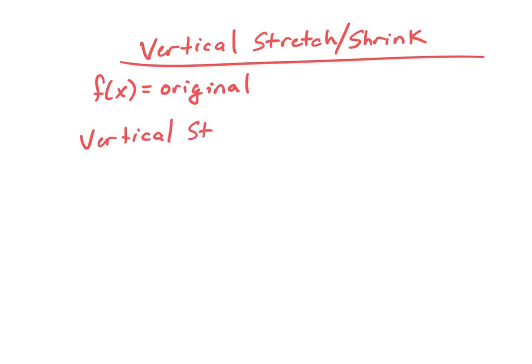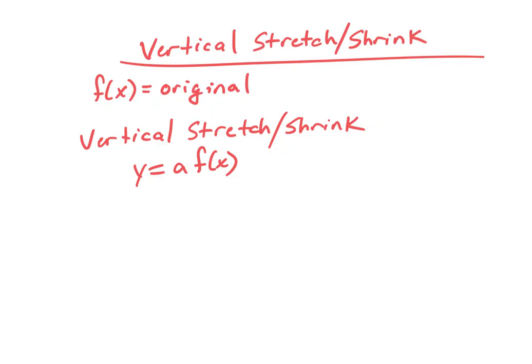If it's a vertical stretch or shrink, then the equation is going to put some number out in front. The number might be 2, 3, 4, okay? We're not going to do negatives here because negatives make a flip, right? So we're just talking about a positive number, not worried about negatives here.